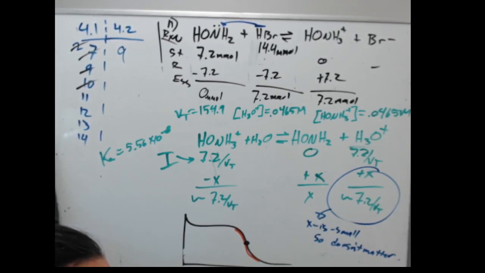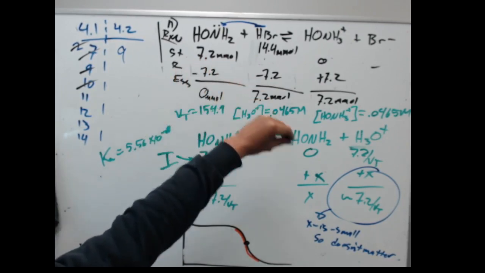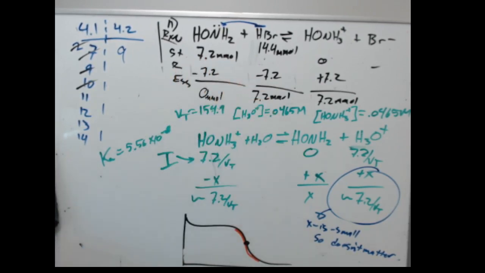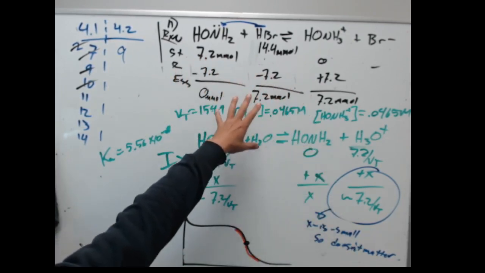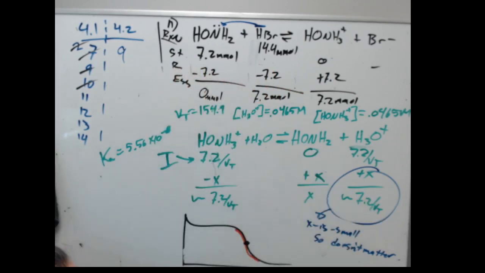So we could have looked at this right as we did our stoichiometry and said, oh, obviously we've got so much excess acid, I can just take the negative log of that concentration and that's going to be my pH. The reason I took 20 minutes to do that was because it's not obvious to us yet. We're just figuring this out. And so walking through the process is part of how we figure that out.